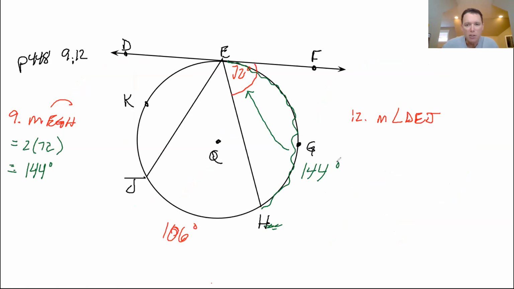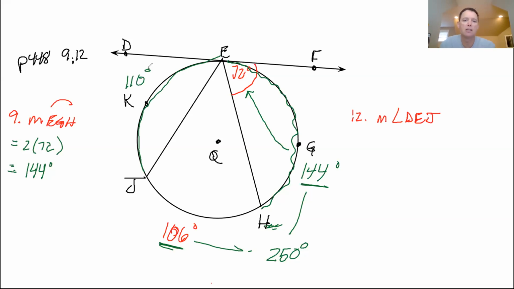Now I don't want to get too far ahead of myself, but I'm noticing that I've got this arc and this arc. Together they make 250. Yeah? 106 and 144 make 250. That means that this arc right here only has 110 degrees left. Now, why do I care about that?